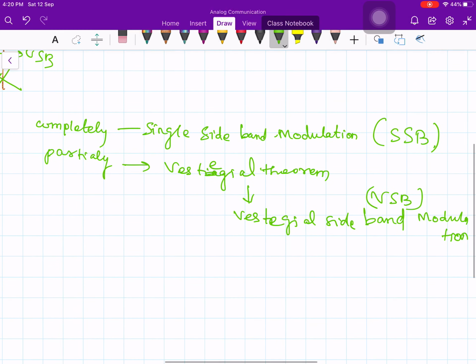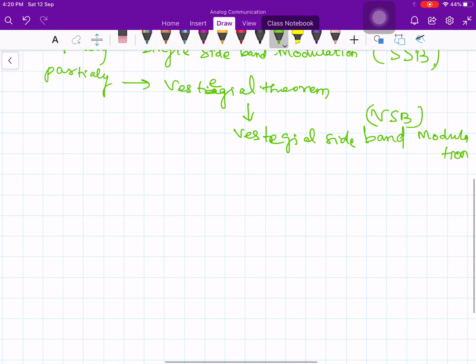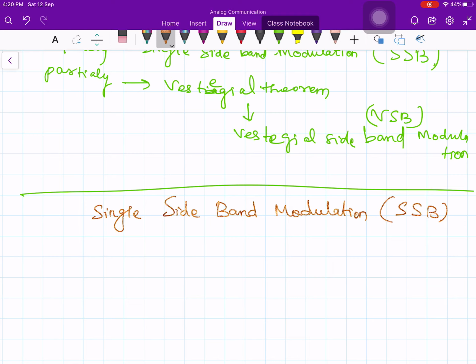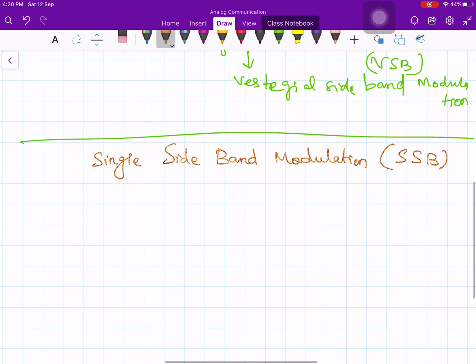Now let us first discuss single sideband modulation. So in short we say SSB. To generate an SSB modulation, do the following. What you need to do is first generate a DSB-SC signal. So how do you generate a DSB-SC signal?